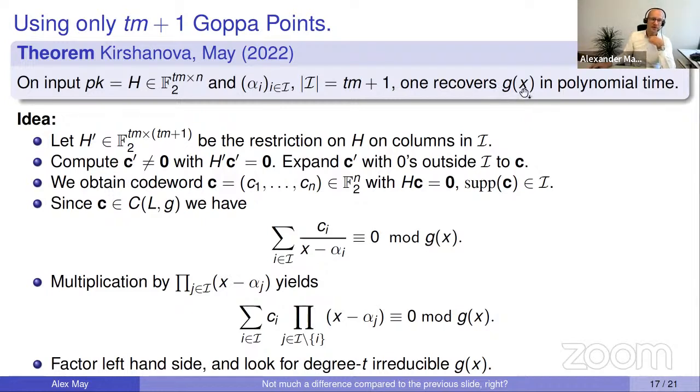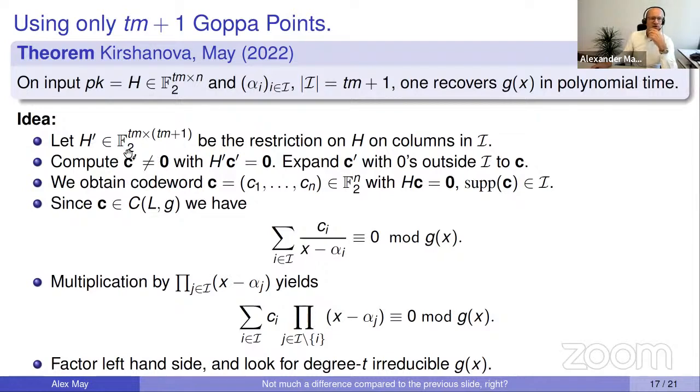Why is that? So what we do is we look at the restriction of the public key on those columns, on those positions from this index set I that we know, right? And as I told you, the i-th column is only dependent on alpha_i, on nothing else. Okay, now I know tm plus 1 columns, I look at the restriction of H on these columns.